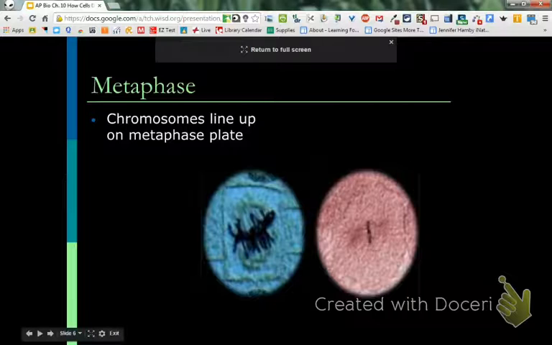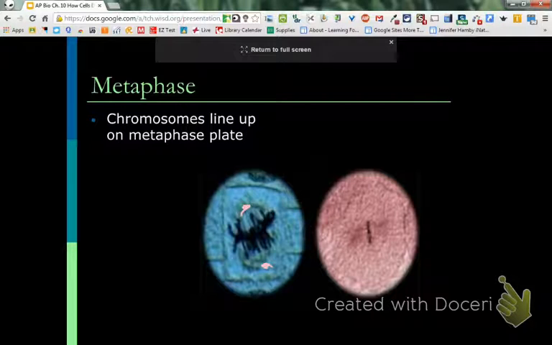And then you go into metaphase. That's where the chromosomes line up on the plate. I tried to give you a picture of both the animal cell as well as the plant cell. You can't really tell the difference right now. But again, it lines up along the metaphase plate, and that metaphase plate is perpendicular to the centrioles. So the centrioles are right here and right here.